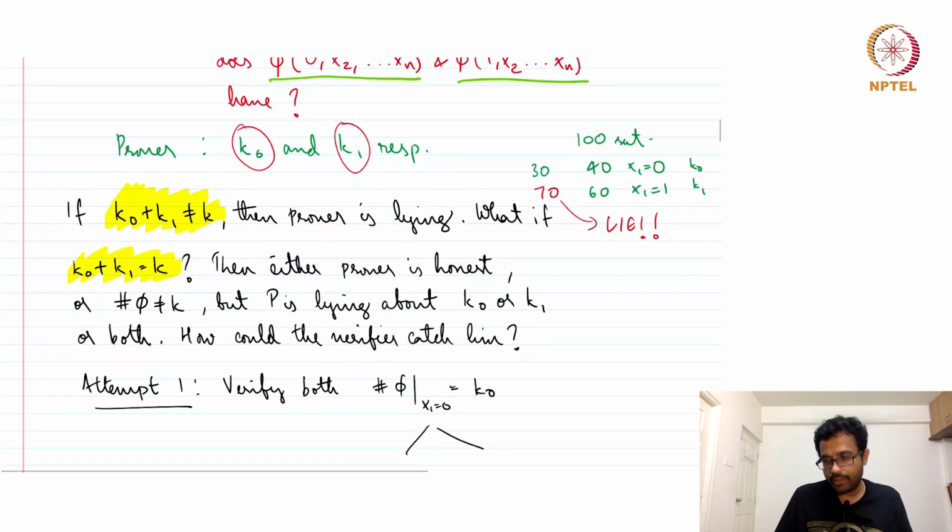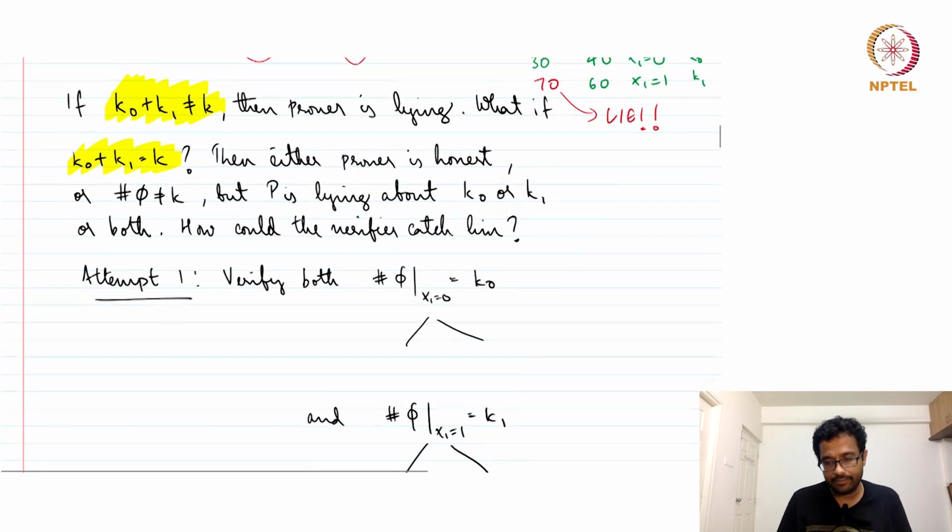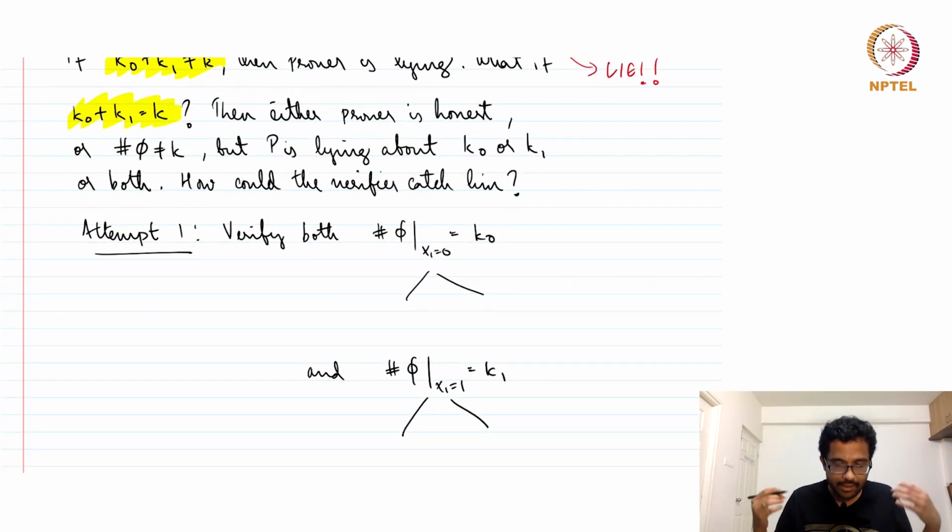So let us see how this could unravel. As I said, k0 and k1, the number of satisfying assignments when x1 equals 0 and when x1 equals 1 respectively, could be asked. Maybe we could recurse. Perhaps we could ask now to verify k0.